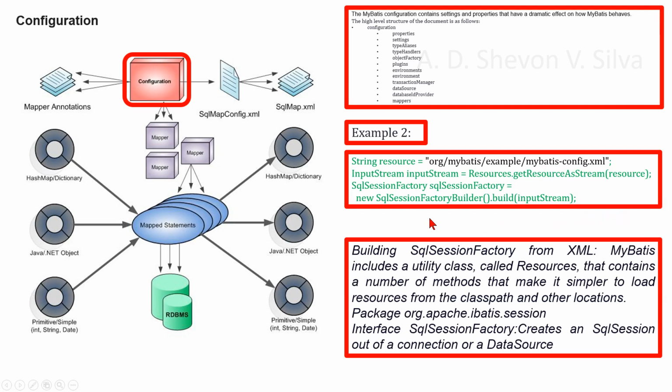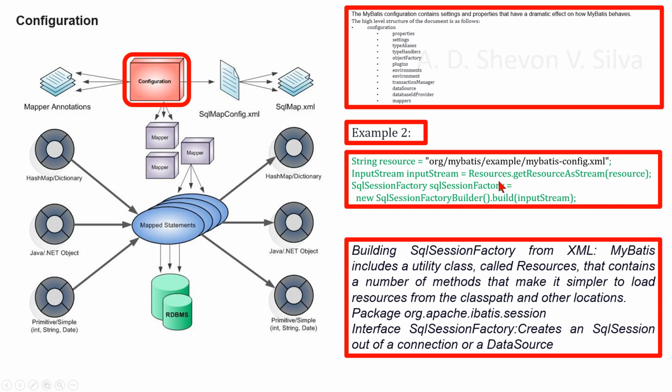Building a SQL session factory instance from an XML file is very simple. It is recommended that you use a class path resource for this configuration, but you could use any input stream instance, including one created from a literal file path or a file URL.